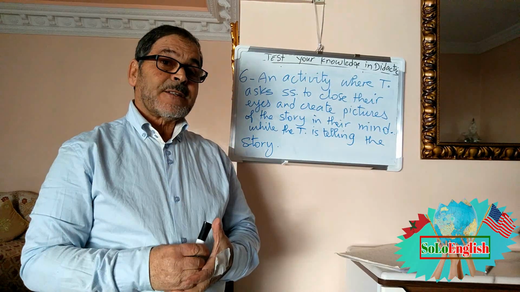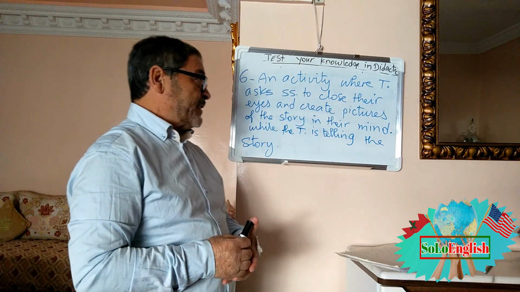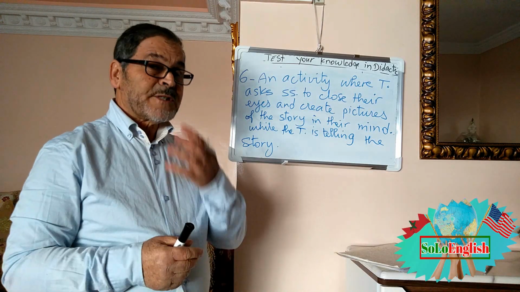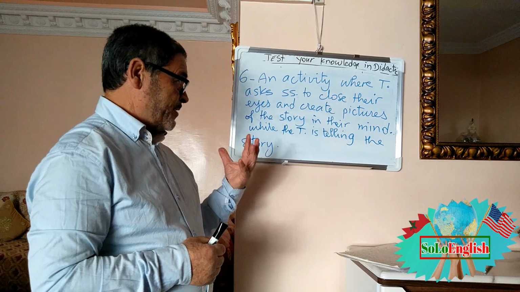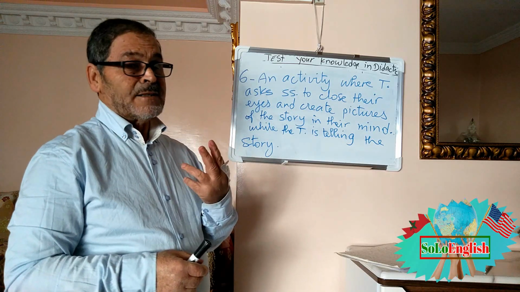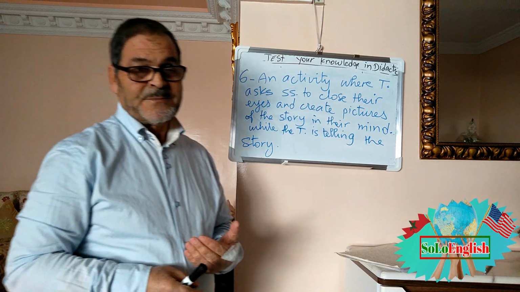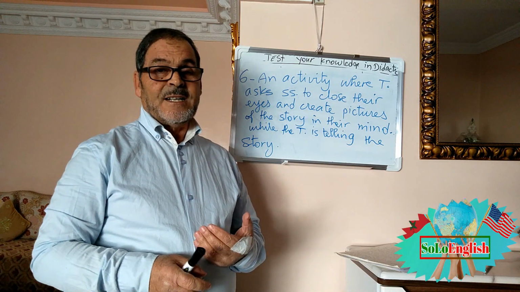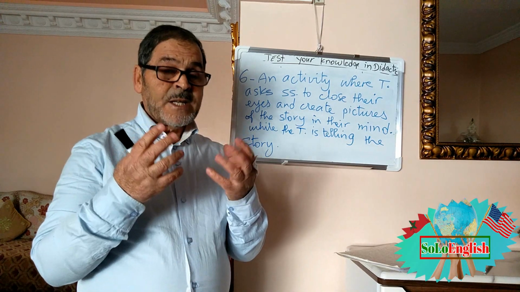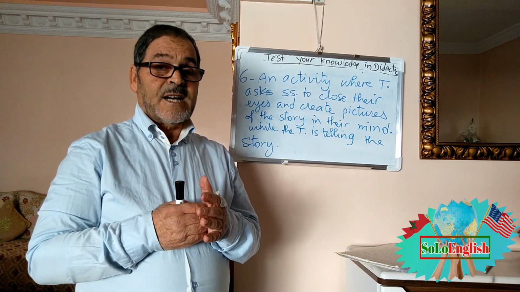Number 6, let's read the number 6. So an activity where teacher asks students to close their mind, to close their eyes, and create pictures of the story in their mind while the teacher is telling the story. So this is when we want our students to concentrate more while reading or listening to a task.